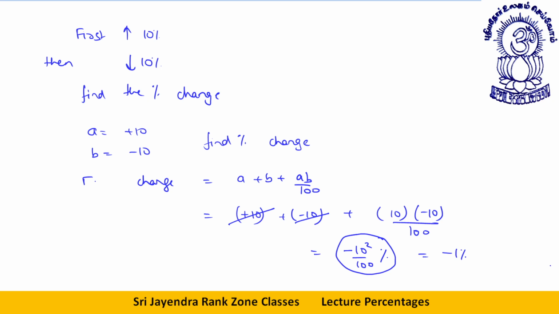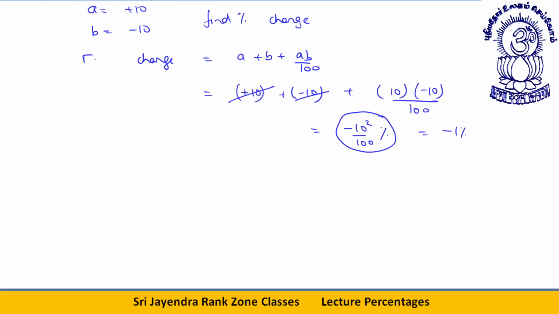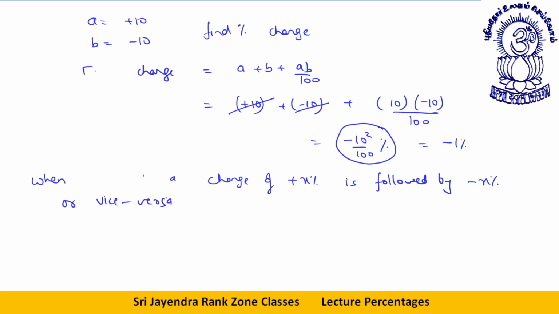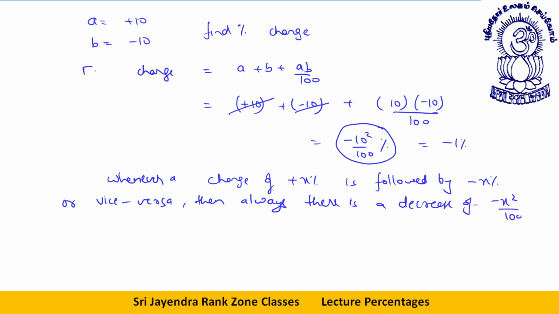But what I want to teach you is, whenever there is a change of plus X% followed by minus X% or vice versa, that is, first there was an increase, then there's a decrease, then always there is a decrease of X square by 100%.